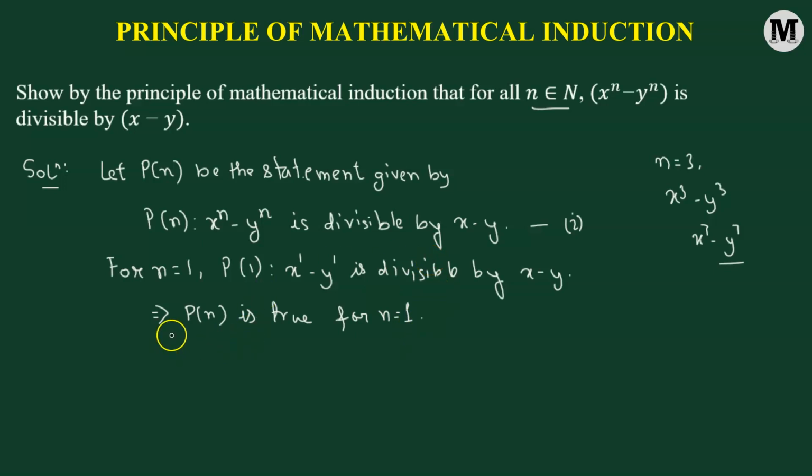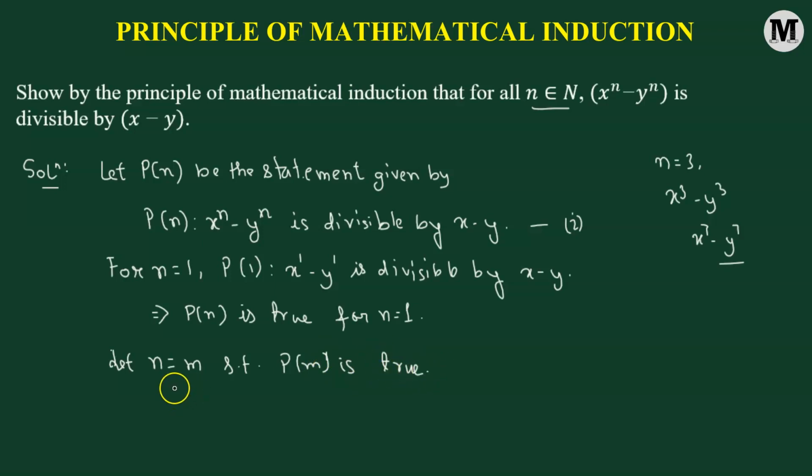However, we want to check that it is true for other natural numbers as well. So we are now going to consider a natural number m. That means we're going to choose n to be equal to m such that the statement p of m is true. We're going to consider this to be a true statement. Fine.